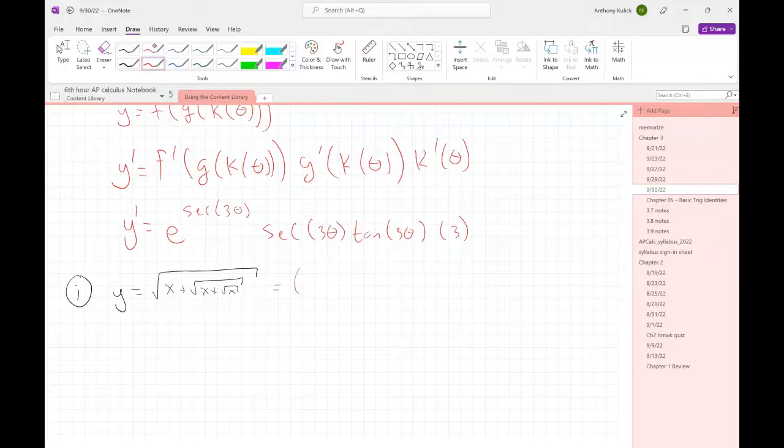Yeah, so I would be thinking about this with exponents. So this is my first inner, right?